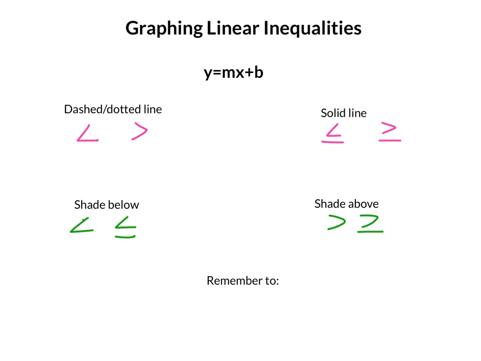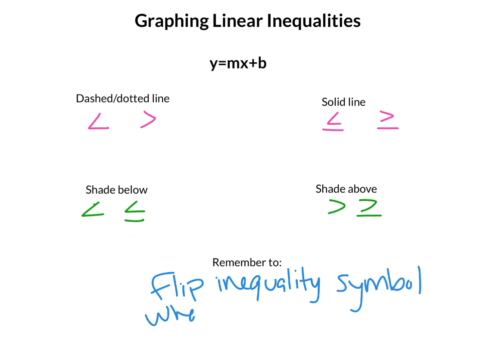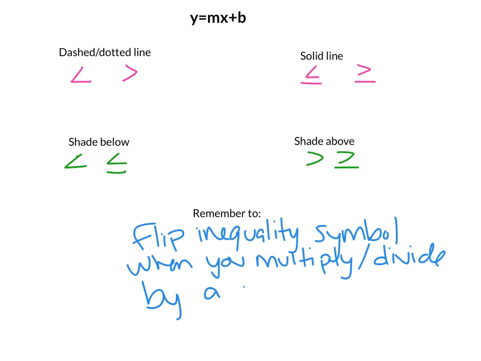Last thing, and this is really important and students often forget it. I guarantee you on our unit test, which isn't for a while, there's going to be a problem where you have to do this last little piece. When you're solving for y, you have to remember to flip the inequality symbol when you multiply or divide by a negative.